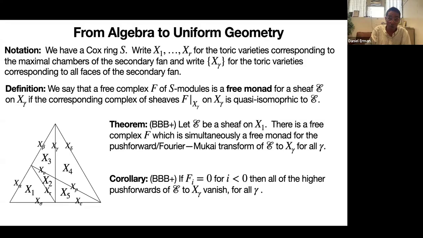So it tells you the push forward to the point, it tells you the cohomology, but it tells you the original sheaf on your original X1, but it also tells you exactly what, when you have higher push forwards for any of the chambers, any of the walls, everything. There's one free complex that rules them all. And so in particular, you can get new vanishing results, not just for higher cohomology, but for all the sorts of push forwards that come from the toric geometry world.